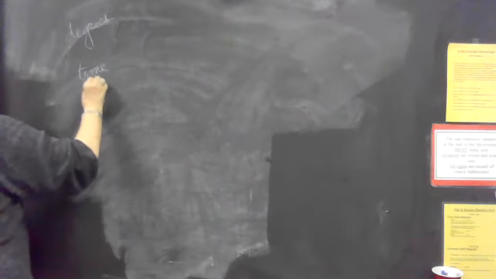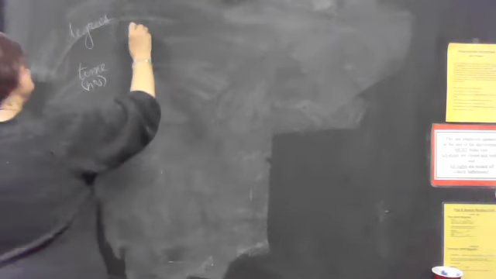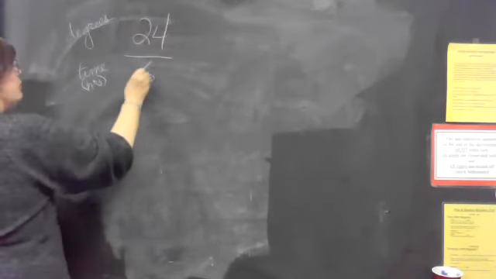Degrees and time. And in this case, Irene told us it's hours. Okay, that's how we're going to set up our proportion. Now, the first one we set up is what we know, what they told us. You're telling me 24 degrees in 6 hours.